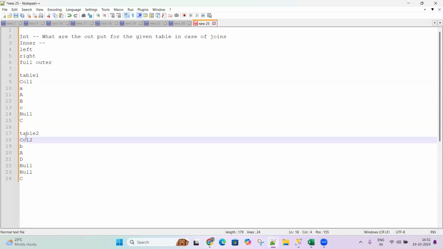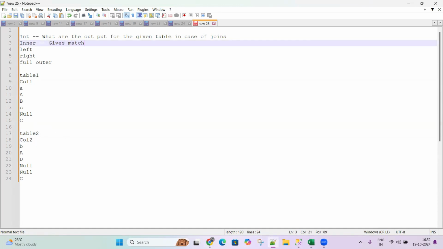When we match column one of table one with column two of table two, any records that match each other give an output as a record from both the tables. So it gives matching records from both the tables based on the join condition.